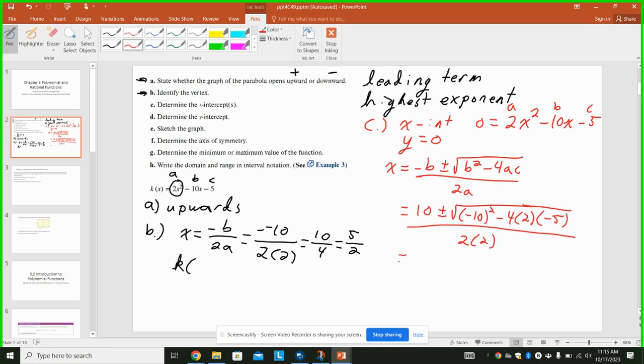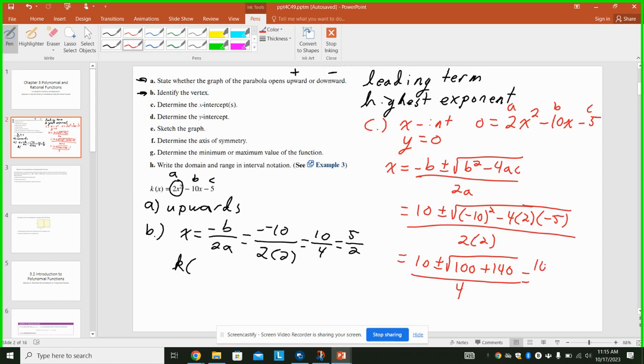Very good. All right, so let's work it out. So we get 10 plus or minus, what's negative 10 squared? Very good. And then 4 times 2, negative 8 times negative 5, plus 40. All divided by 4. And then what's 100 plus 140?